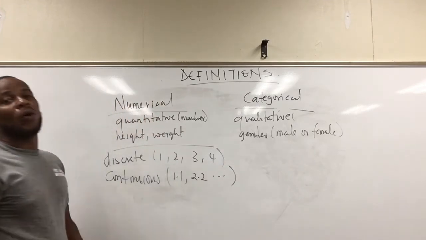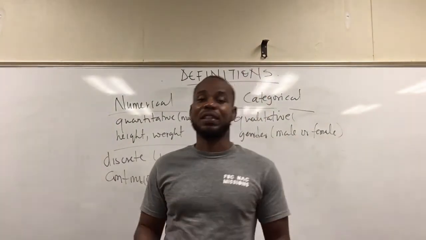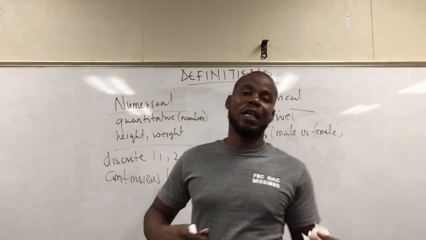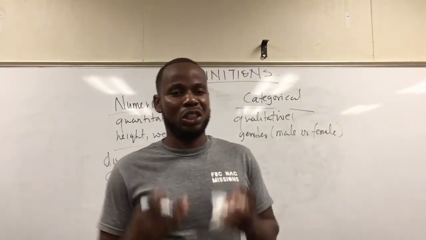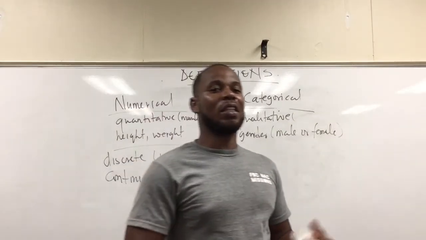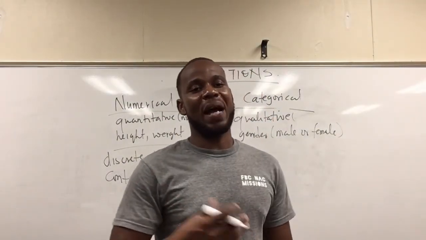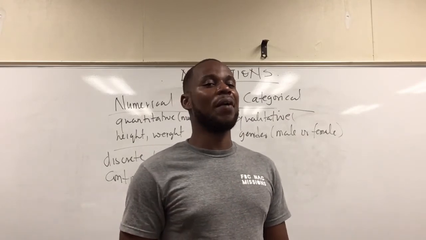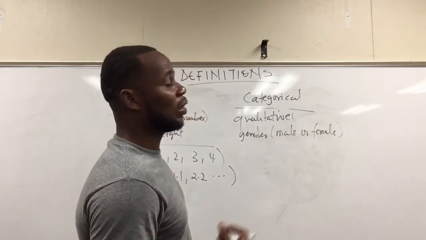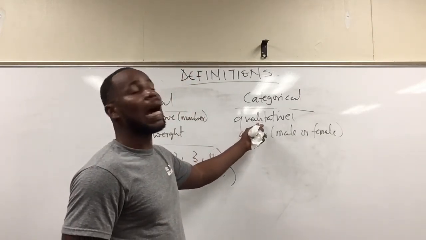So today what we learned is different kinds of data sets. We know what a sample is, we know what a population is, we know the difference between inferential and descriptive statistics. Now we learned about different kinds of data sets. We have univariate, bivariate and multivariate. Then we have categorical and numerical data sets, where numerical data sets are quantitative and categorical are qualitative.